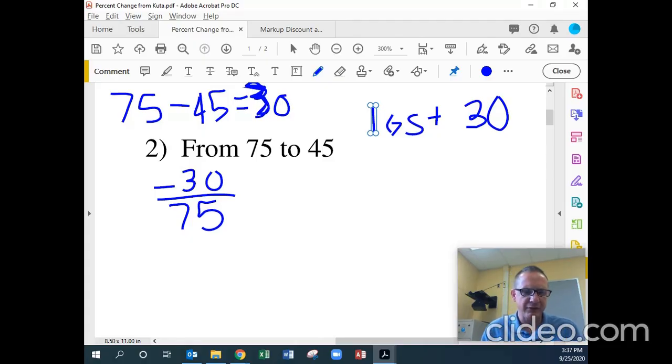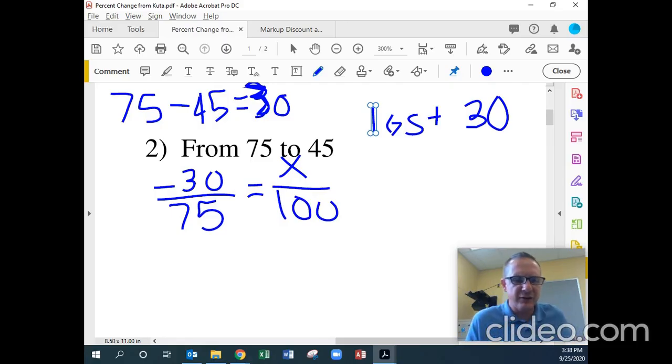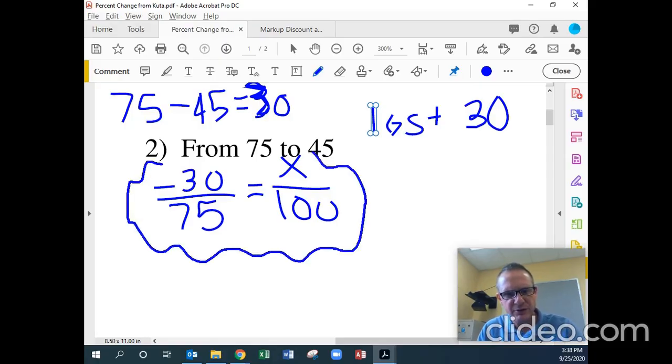So down 30 out of 75 is what percent? What hundredths? Cross multiply this. Of course, that'll give us a negative answer. And I'm sure you know how to do that. So we're just going to leave it like this.